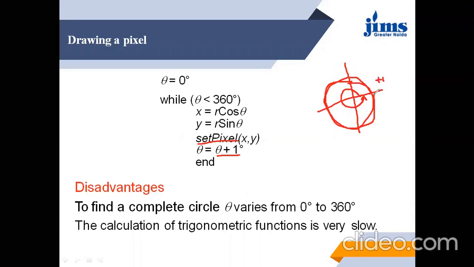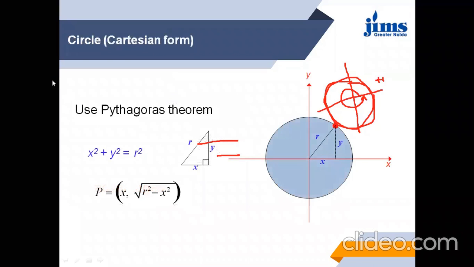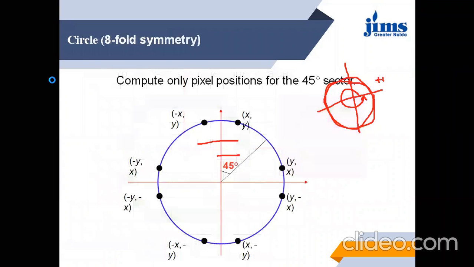So a concept came to mind that we can divide this circle into different parts. This is called eightfold symmetry.